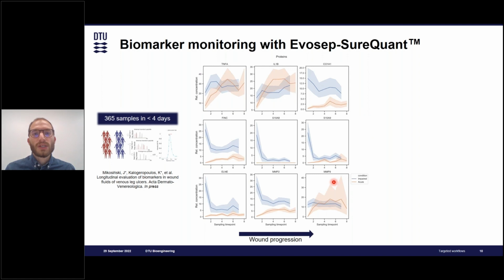And we can also see that for our inflammation markers, for example, we have a more transient expression in the acute healing group, which is indicated by the orange line here, as compared to the impaired healing group, which is the blue line. And this again shows that these cytokines and these markers are regulated very tightly in the acute healing group, while the levels are kind of fixed and they're not allowing the wound to escape the inflammatory phase in the impaired healing group.